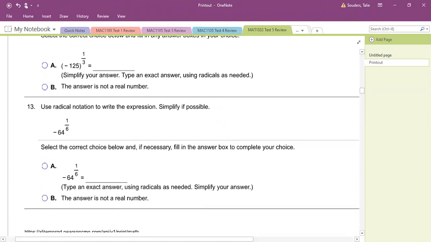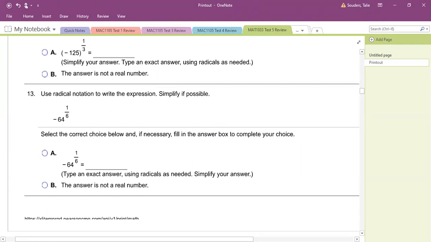Okay, how would you rewrite number 13? Wouldn't it be 6 on the outside and then a radical and then inside the radical negative 64?